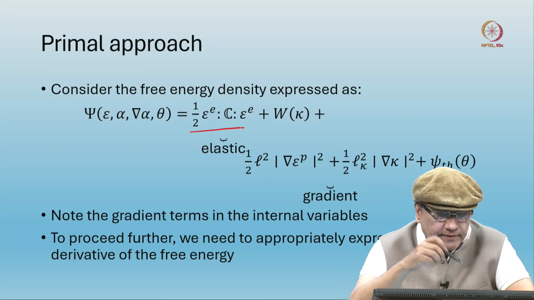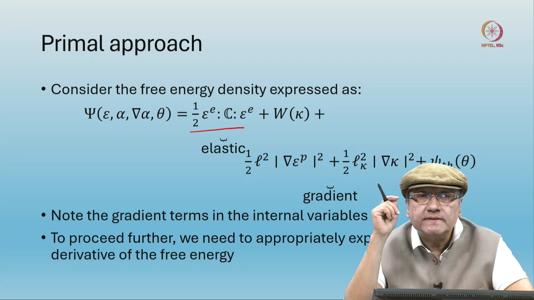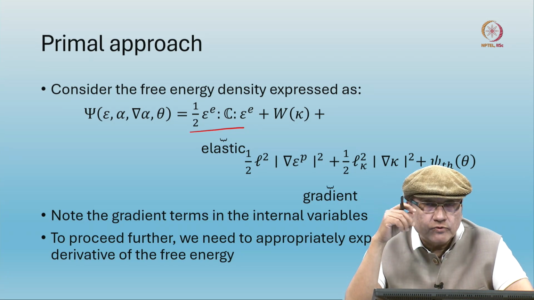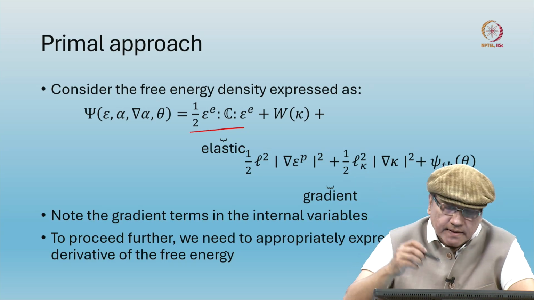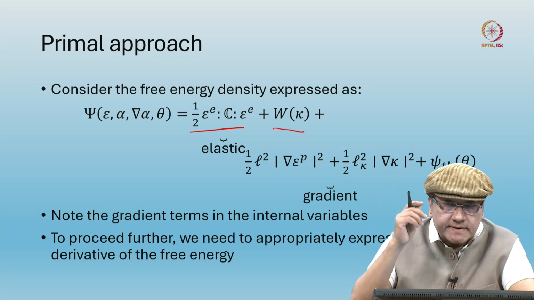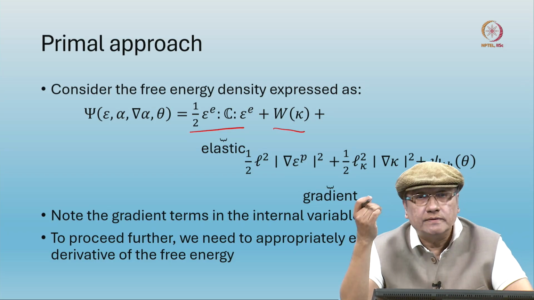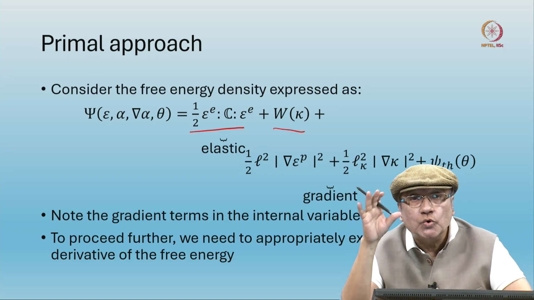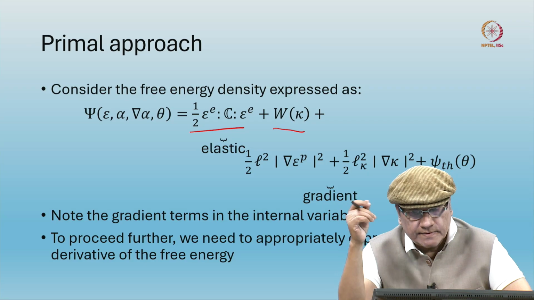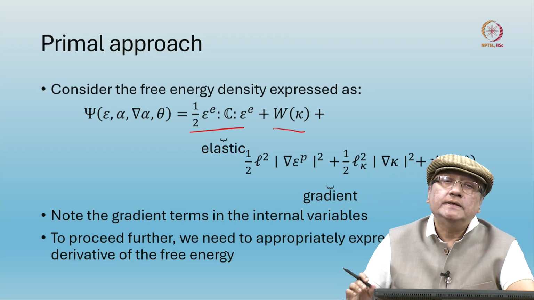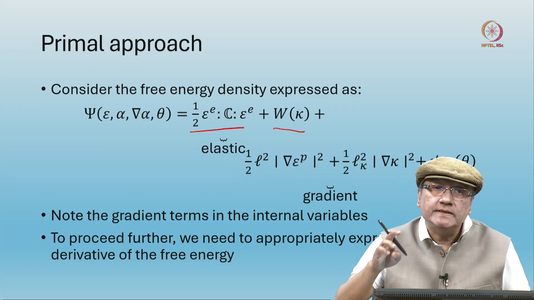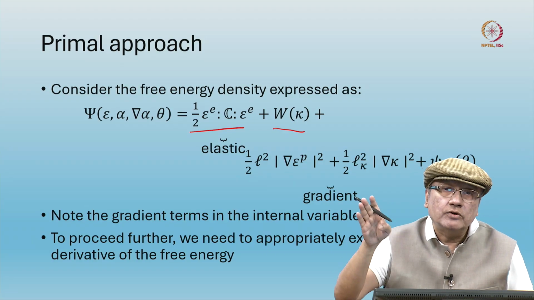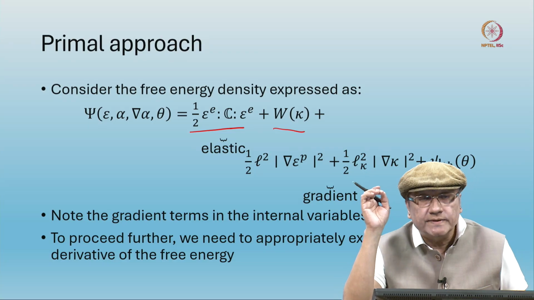Recall that script C is the elasticity tensor, fourth order tensor, epsilon E is the elastic part of the strain. W kappa is the hardening related work, cold work, that is stored and not dissipated. As you recall, the hardening processes essentially store work. That is why you see a non-zero positive slope in the stress strain curve.